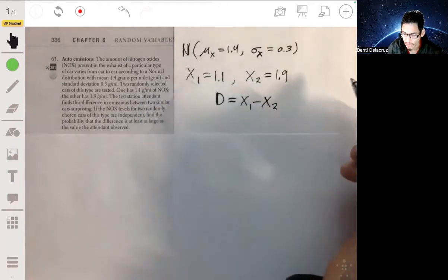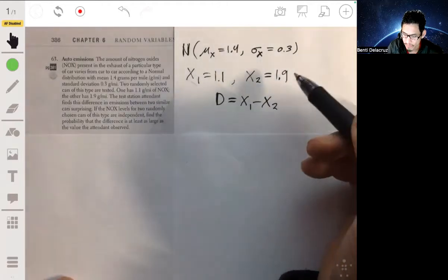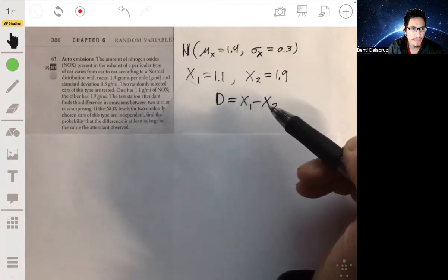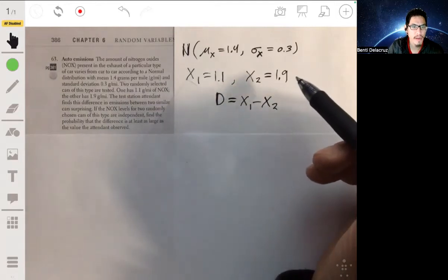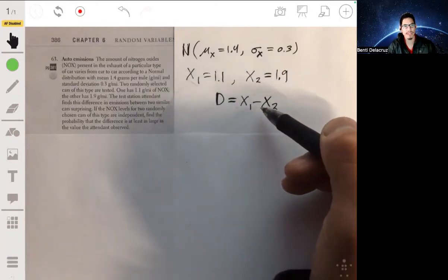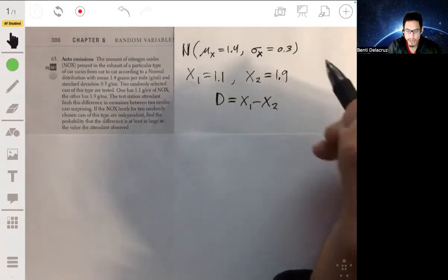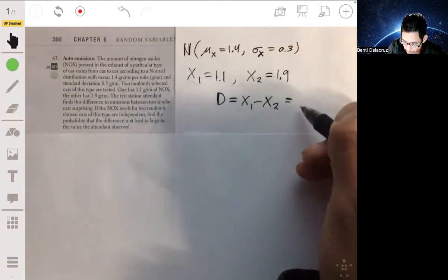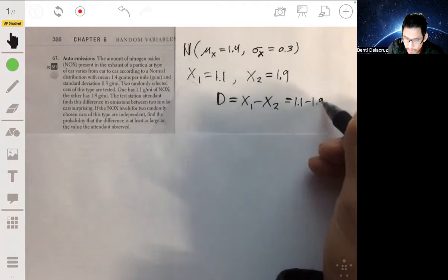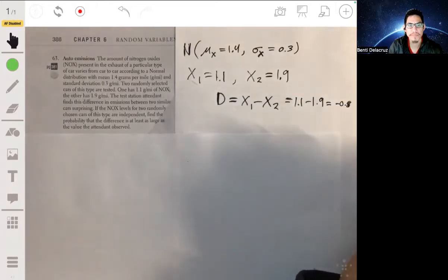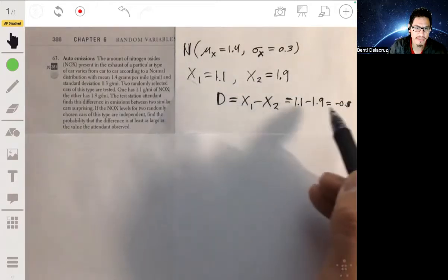You can do X2 minus X1, it doesn't matter, just make sure you interpret it correctly. In this case, we did 1.1 minus 1.9, and you got negative 0.8. Just for that case, we got a value of negative 0.8 for D.